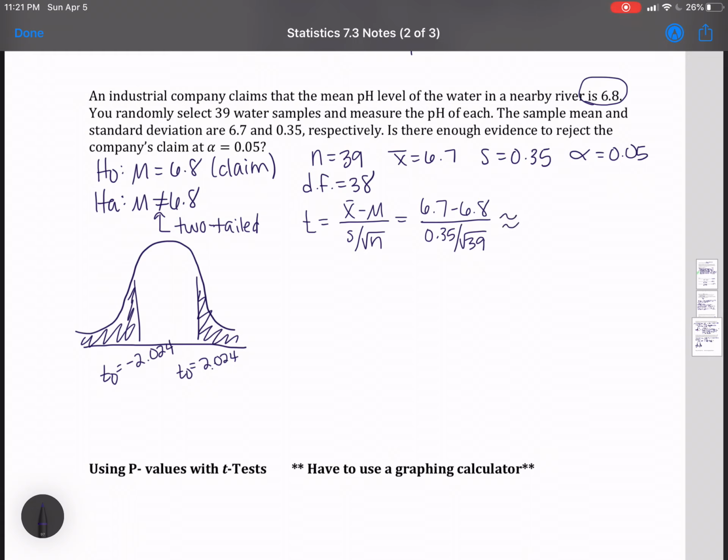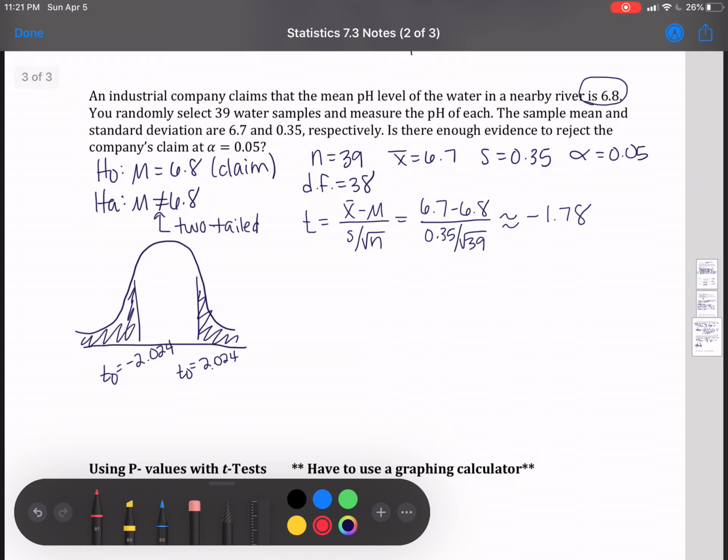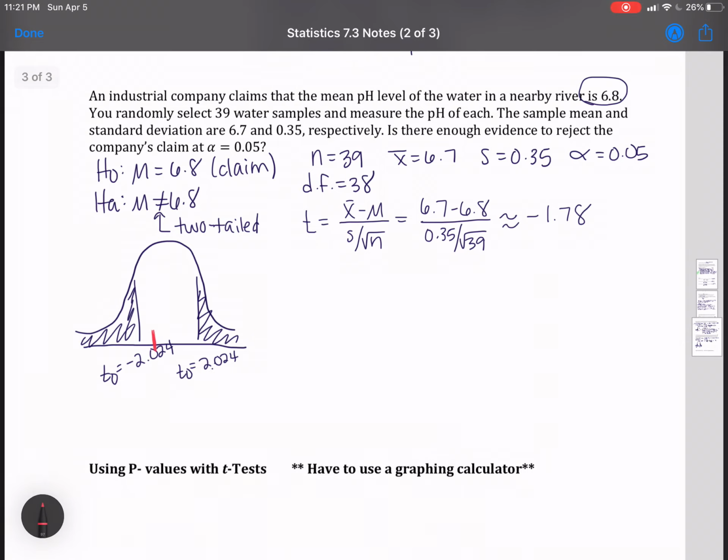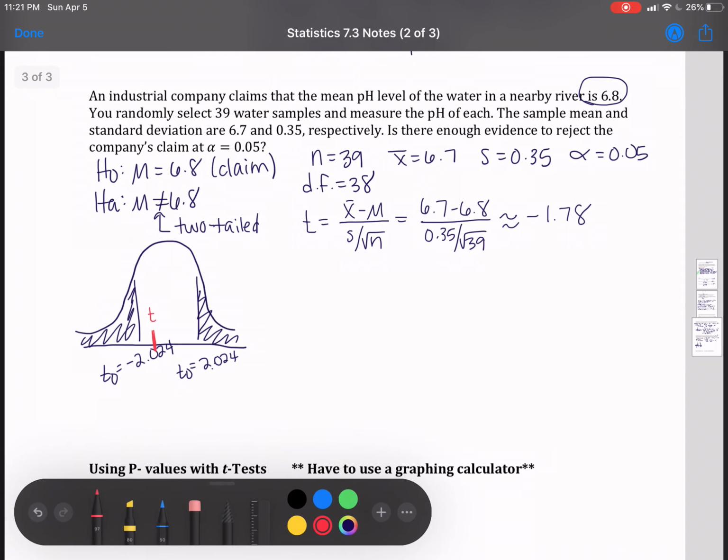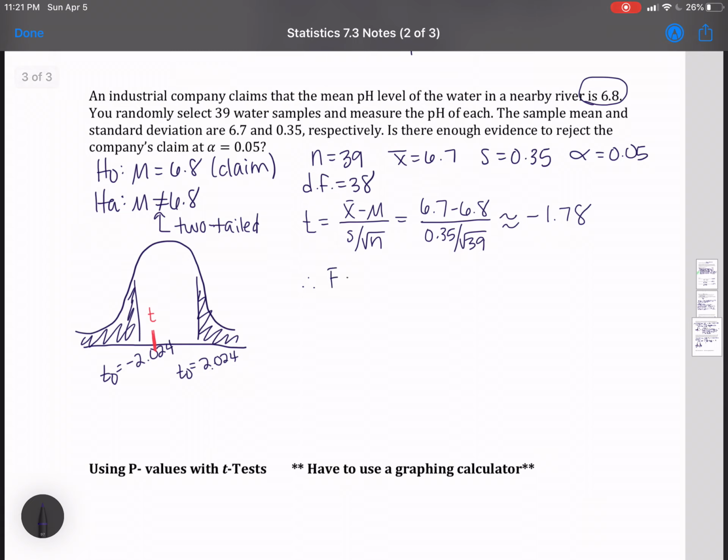If you calculate that, you get approximately negative 1.78. Looking at our rejection region in our graph, that t value would fall in between. And since it's in between, our decision is going to be to fail to reject.